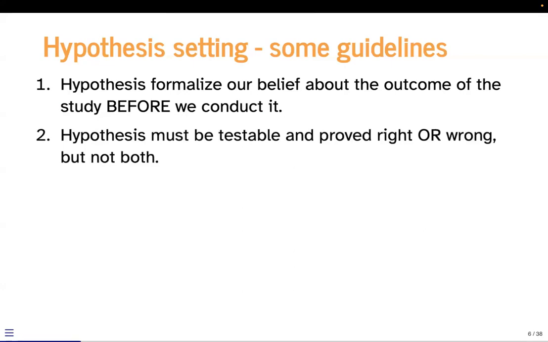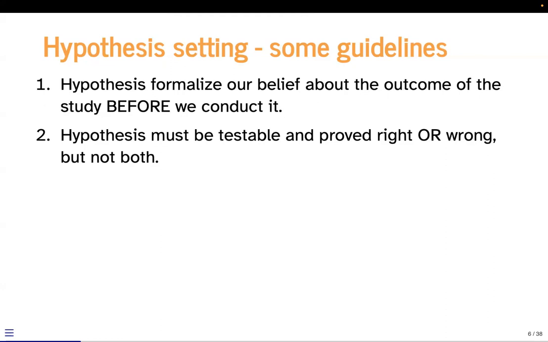Because we're using data to test this hypothesis, it has to be testable and you need to provide a right or wrong answer and not both. What do I mean by that? Your hypothesis needs to be set up in a way that you use your data. So let's say your hypothesis is that A and B are different, whatever that is. And then you go and collect data on A and B and analyze it, and you find that they are indeed different.